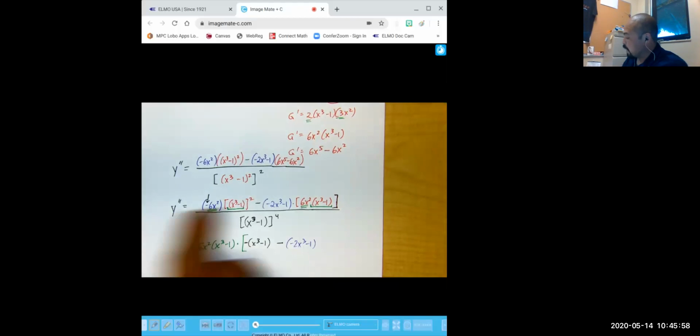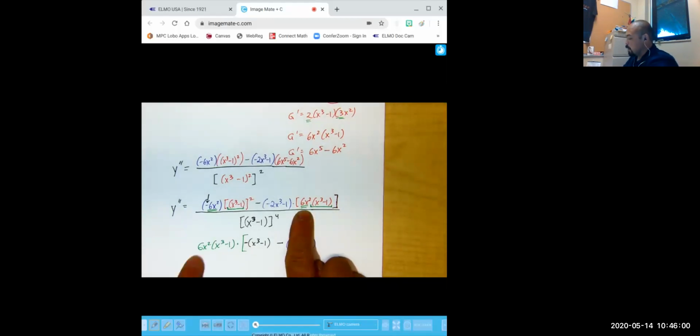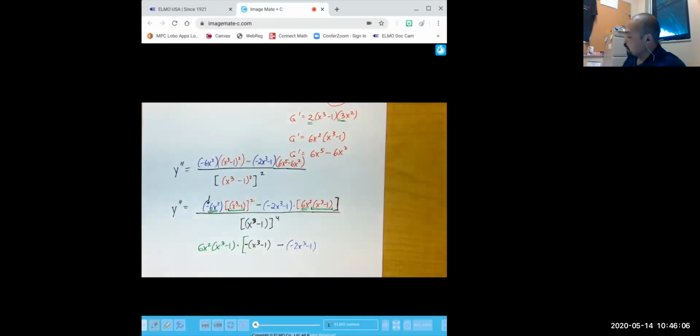But like I said, if I factor out the 6x squared, the x cubed minus 1, all that's left over is a 1 there, a placeholder for a second.